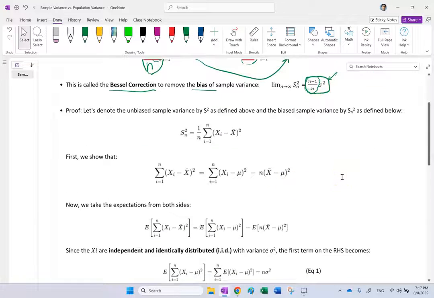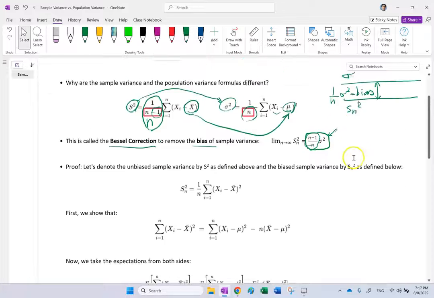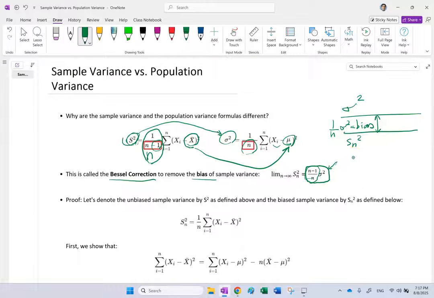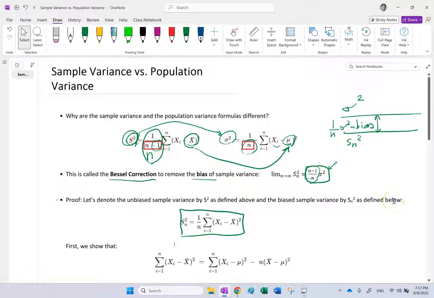So the first thing I do is, the correct sample variance that has that n minus 1 in it, I'm going to call it s squared. But the version that does not have that minus 1, it only has n in it, I call it the biased sample variance, and I show it by s_n squared. So s_n squared is the one that is wrong, the one that has this n instead of n minus 1.